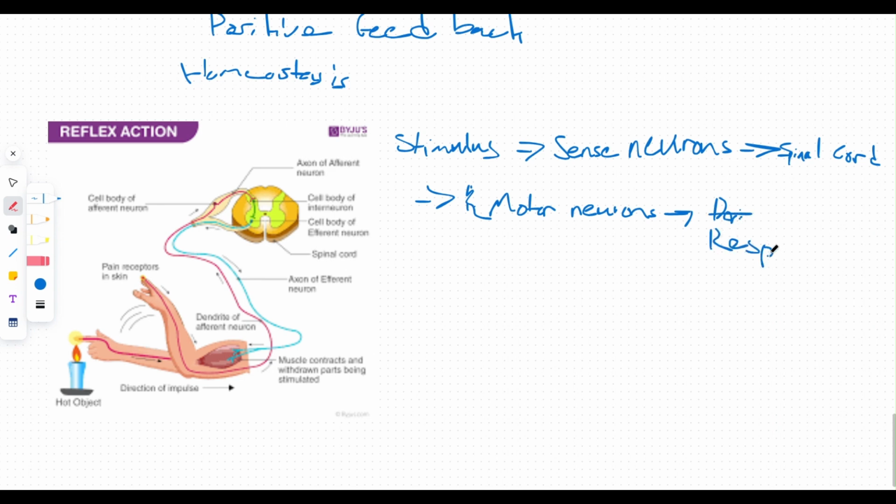What happens? You touch it and it says, oh my God, let's send this neuron. This guy is dumb. They just quickly make it go to the spinal cord, because we don't need the brain for this. So just quickly do this, and then it's going to go to the motor neuron. The motor neuron is going to tell the thing to pull away, like, get out, bro. What are you doing?